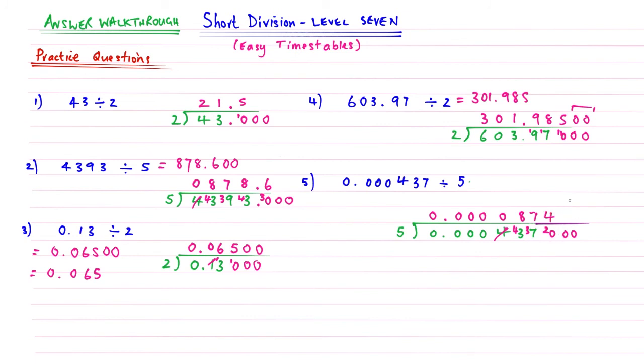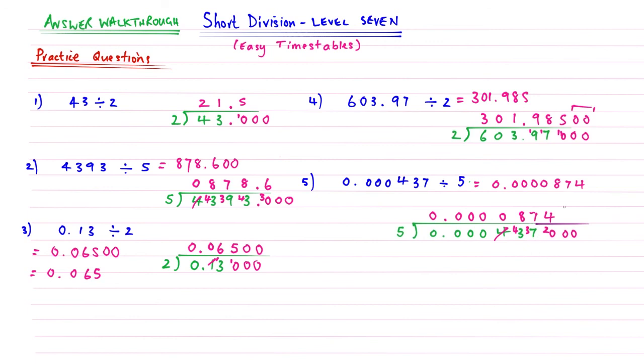Now, I'm not going to carry on at the end there, because I know I don't have to. I could if I wanted, but I'm not now. I'm getting dead lazy. So 0.0000874. So that's that number divided by 5. And that's practice question number 5 done.